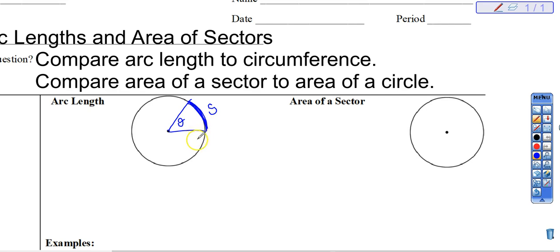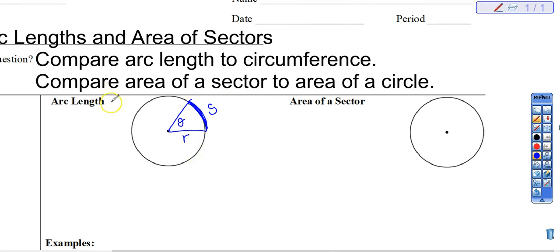And the other thing that's really important when we're talking about arc length is we either need the diameter or we need the radius. And of course, if you're given the diameter, you just cut it in half to find the radius. So this is the data you need. In order to find an arc length, you need an angle measure and the radius or the diameter.